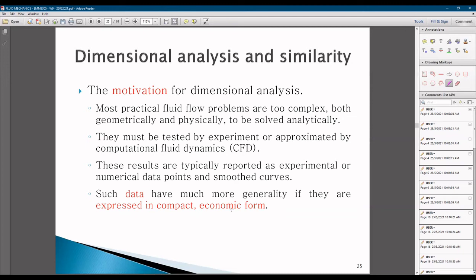Basically, if you look into an actual problem, for example, an apple falling off a tree, there are a few things involved in that particular problem.